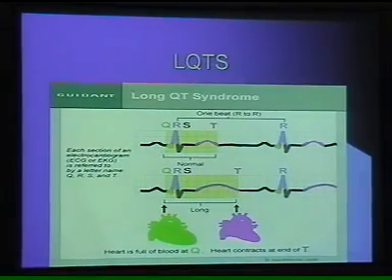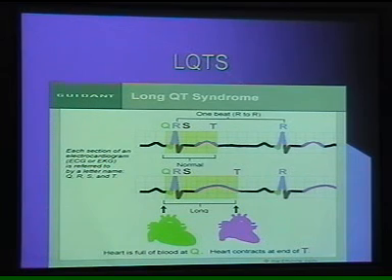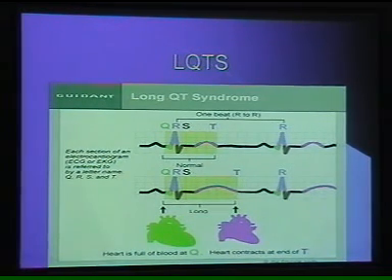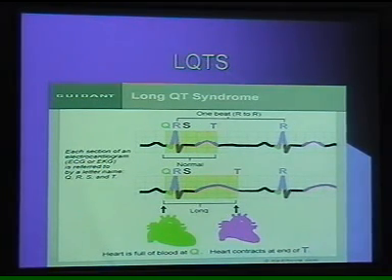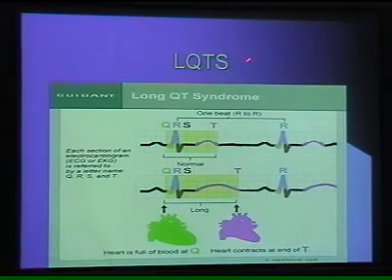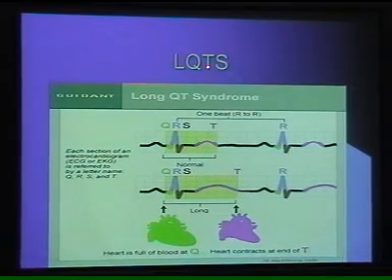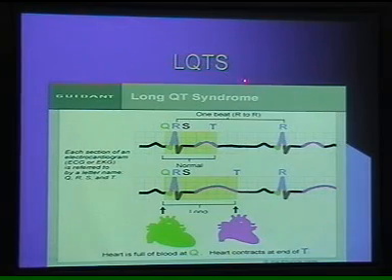Now, another thing which the ECG can help to pick up, which would indicate a likely eventual sudden cardiac death of very high incidence, is this condition LQTS, the long QT syndrome.